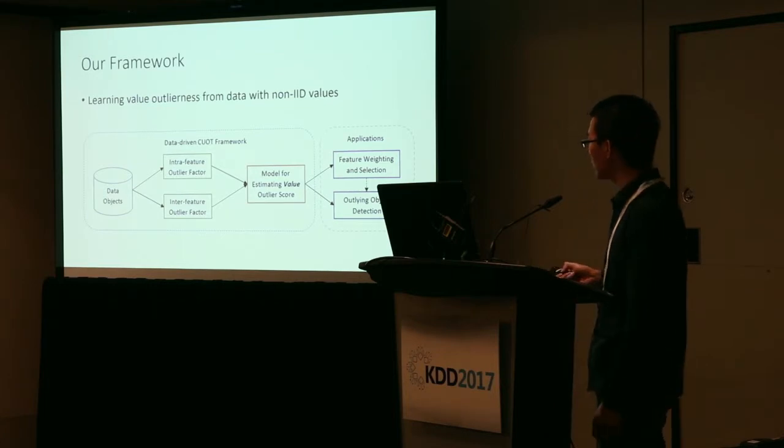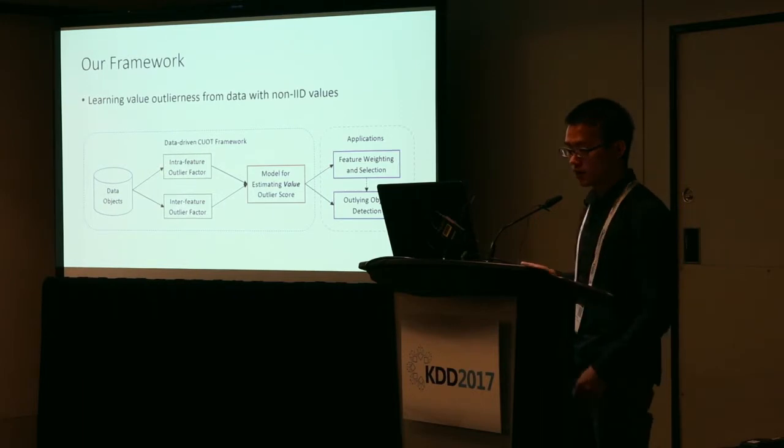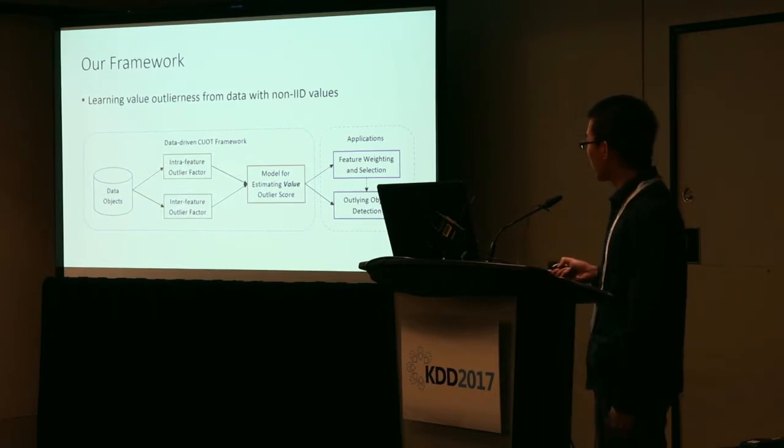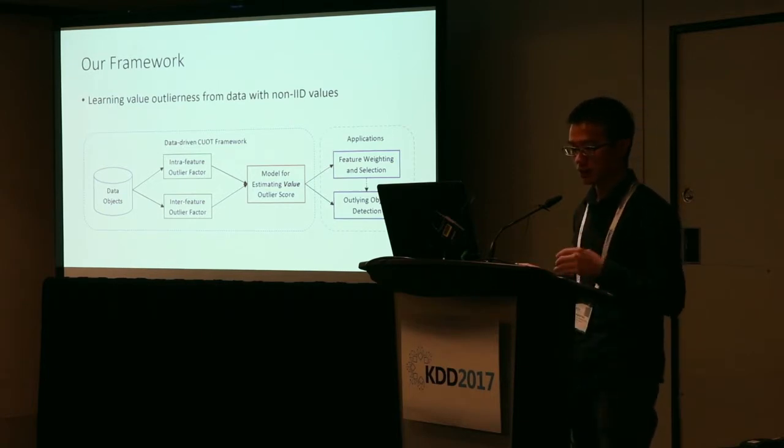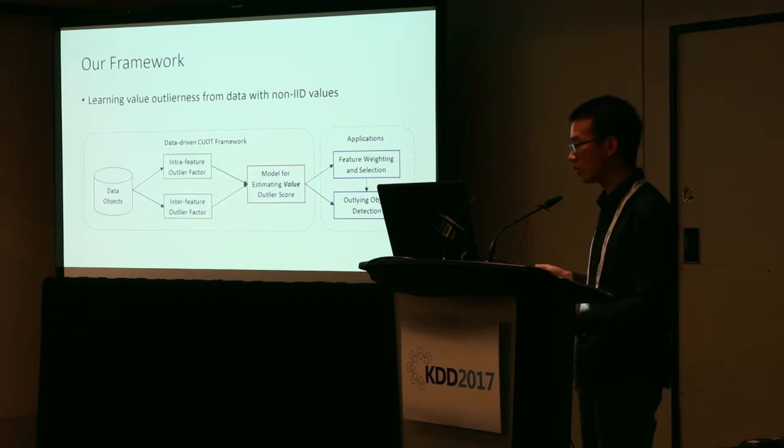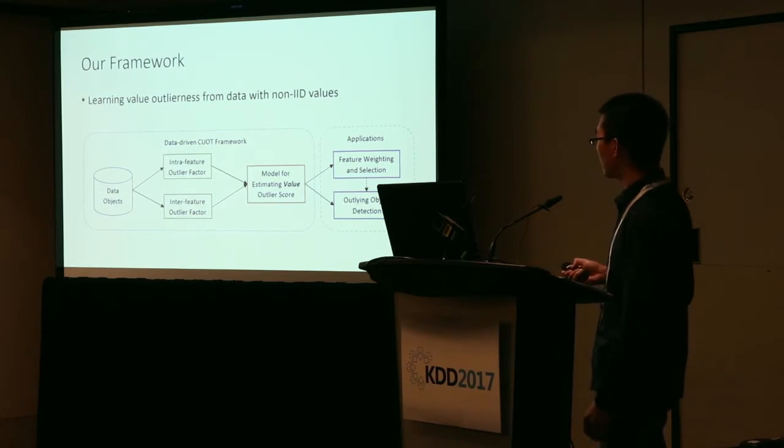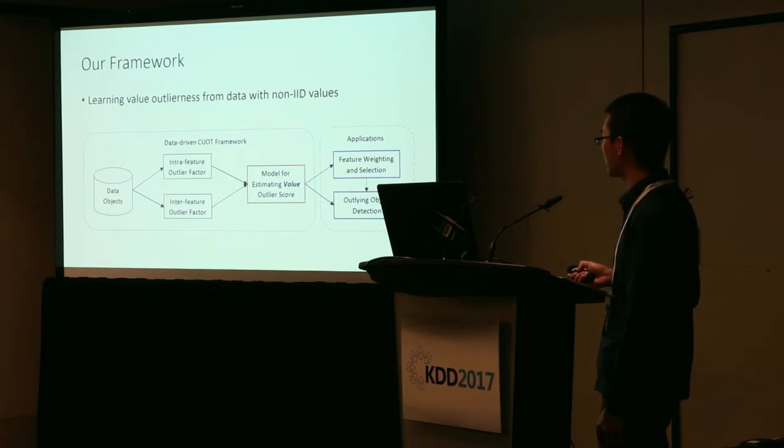The benefit of working on value-level outlierness is that we can capture much more complex interactions at the value level. If we consider the pattern level, it is much more difficult to have a comprehensive modeling of such interactions.